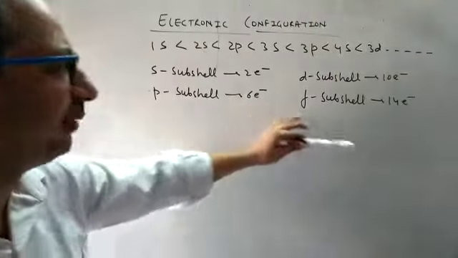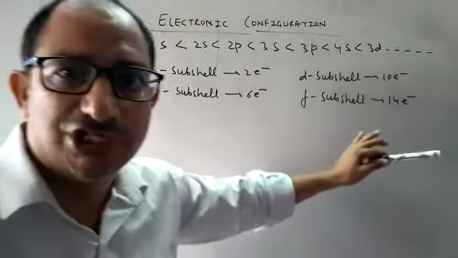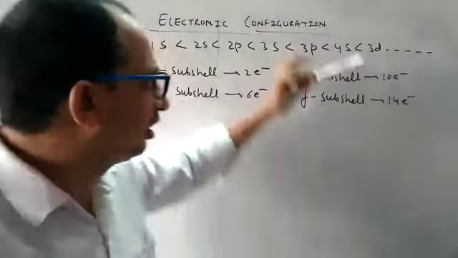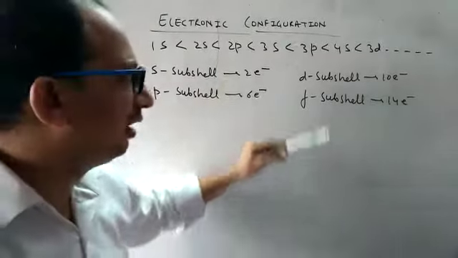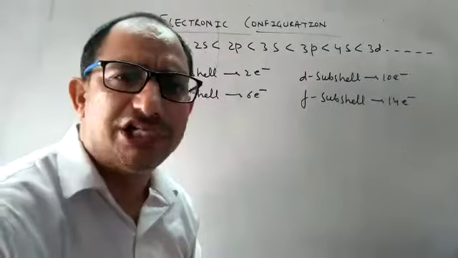These are the maximum numbers of electrons that can be filled in these subshells. So keep these two things in mind. If you keep these two things in mind, writing the electronic configuration is very simple.